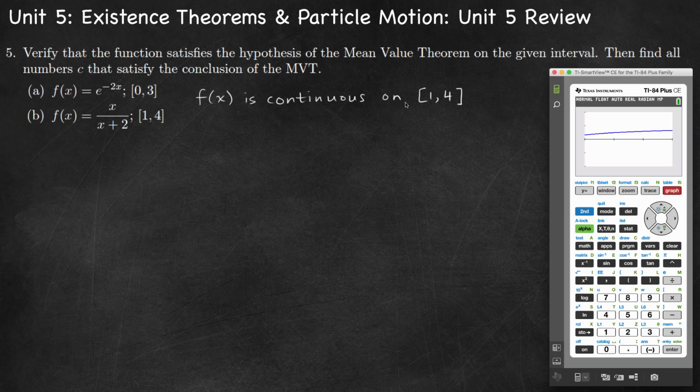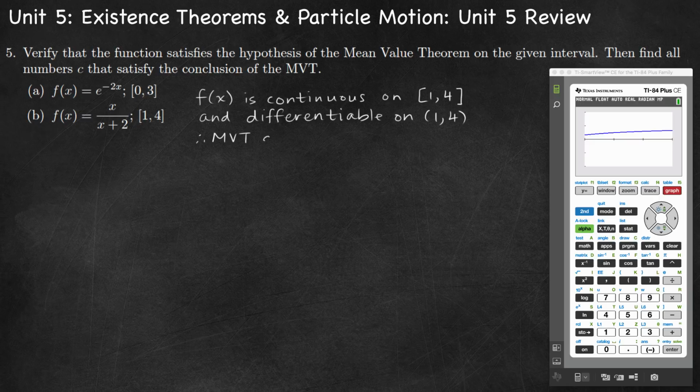So f of x is continuous on the closed interval from 1 to 4, and it is differentiable on the open interval 1 to 4. Therefore, the mean value theorem applies. Or I'll be more specific.